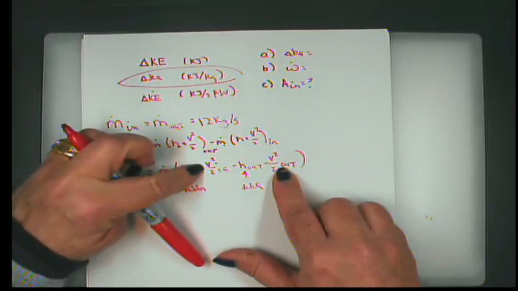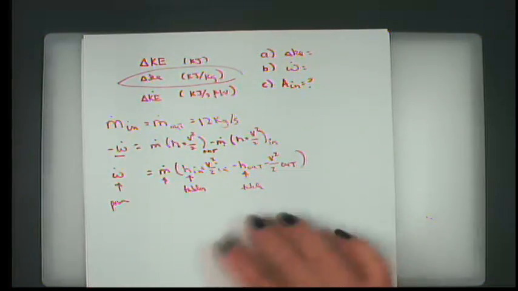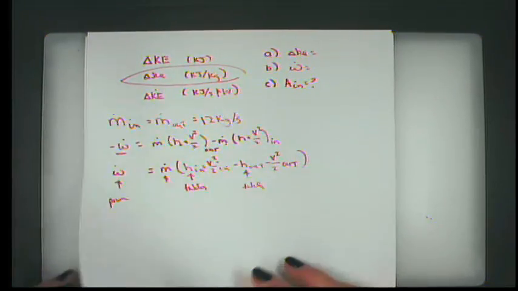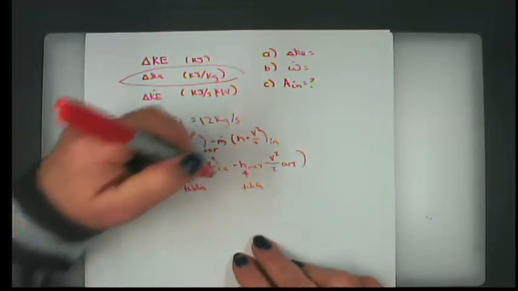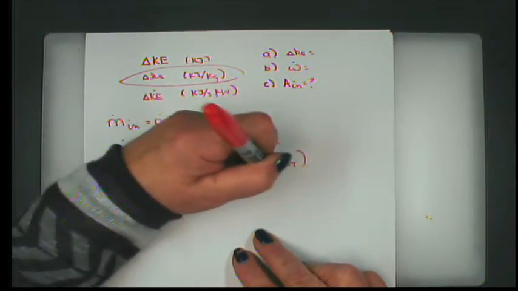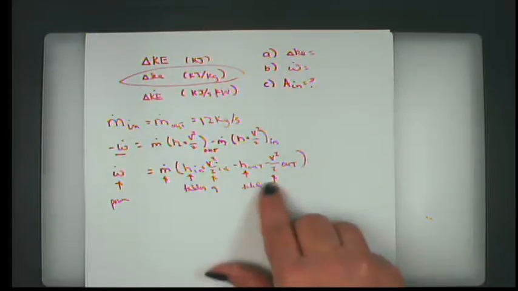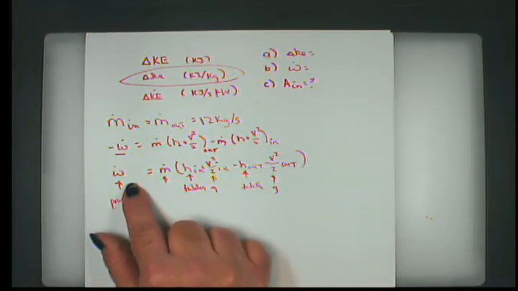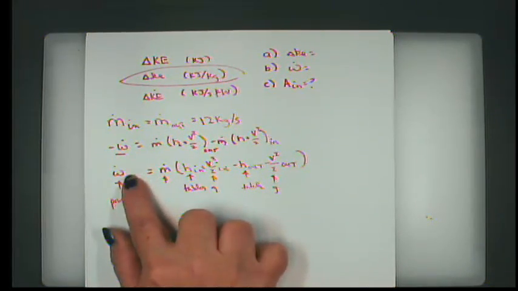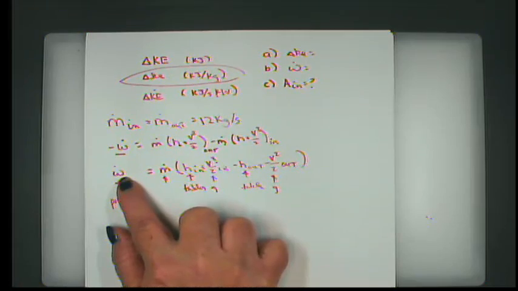V squared going in was given to us, and v squared over 2 is given as well. So you can use this equation to solve directly for W dot.